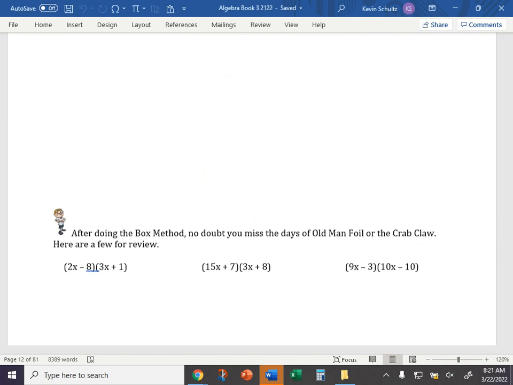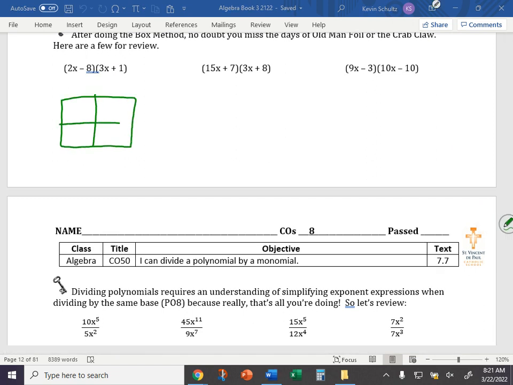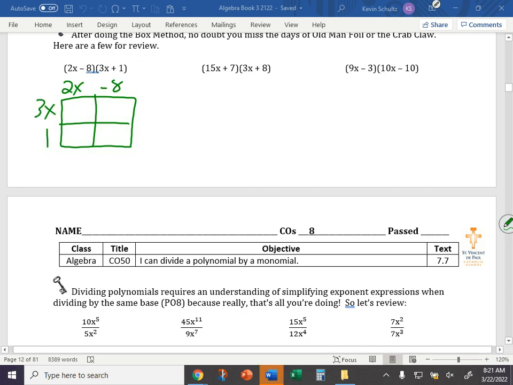If you don't like old man foil, if you don't like crab claw, you can make a 2x2. So you have 2x minus 8, 3x, and 1. And you're just filling in the boxes here. Normally, when we draw the line for 2x times 3x, now we just fill in the box. When we draw the line for 2x times 1, now we just fill in the box.